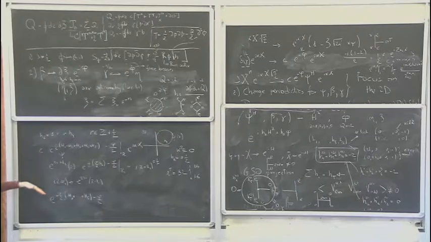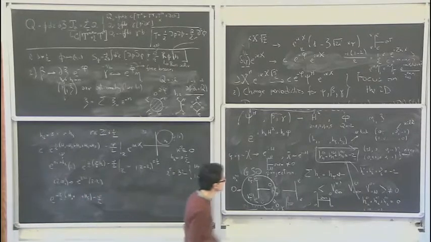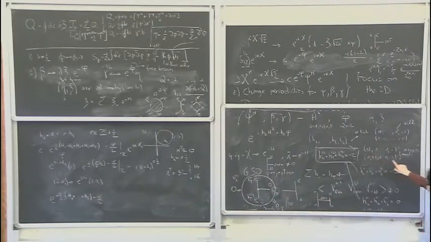So all these 32 states are massless states. So they look on the same footing as these ones.